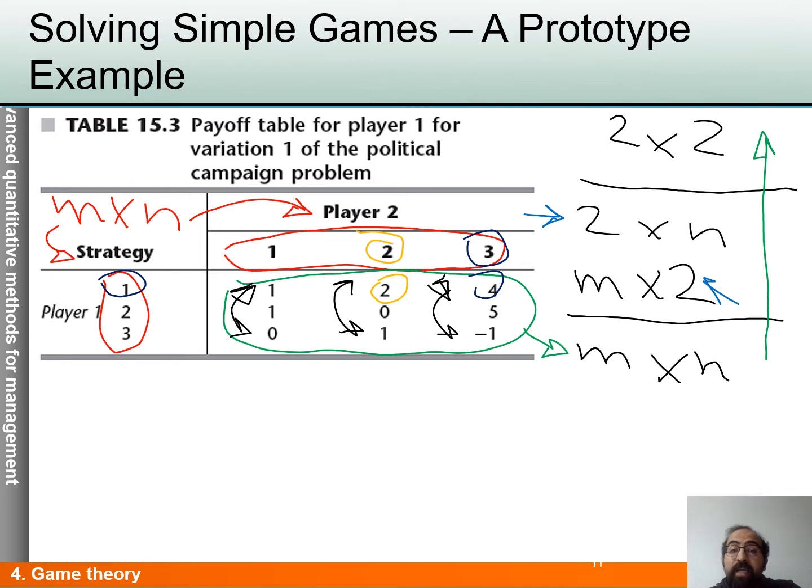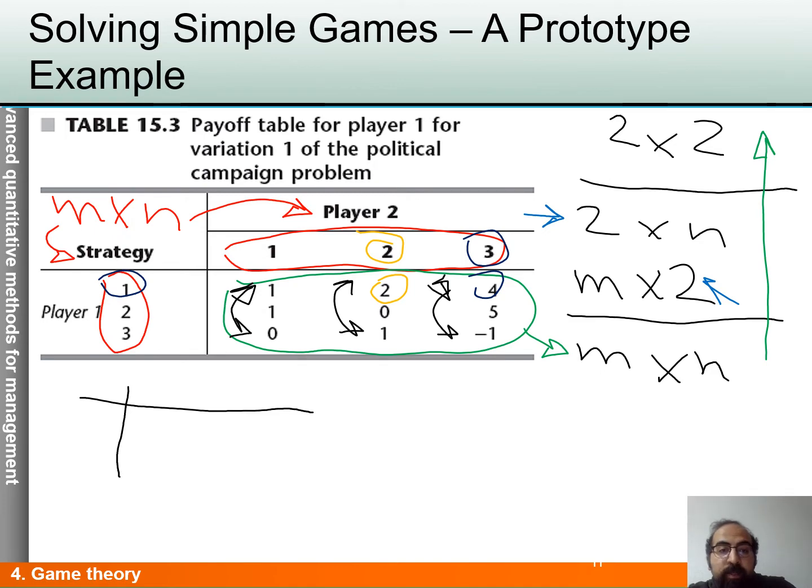The same is valid when player 2 selects strategy 3, 4 and -1. So as you see, guys, strategy 1 for player 1 is a dominant strategy, and I can delete strategy 3 for player 1.